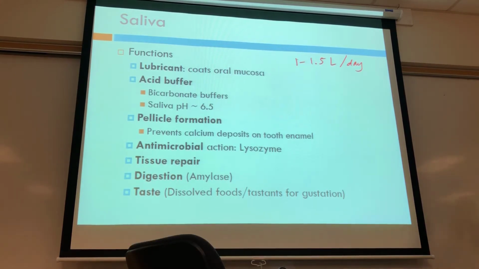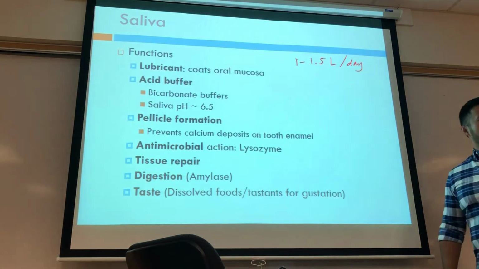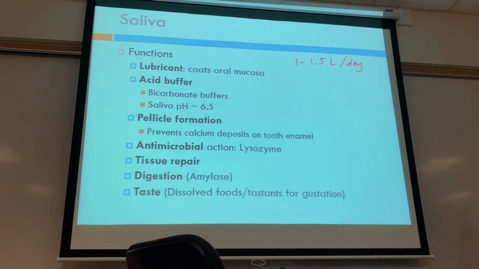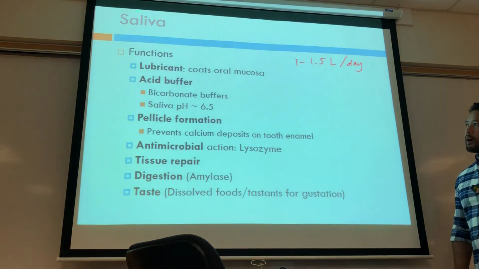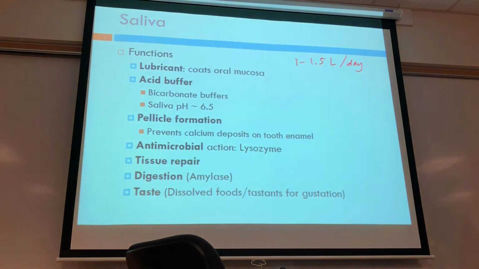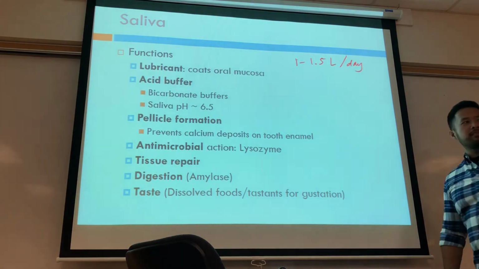What function does it serve? It coats the oral mucosa and keeps the mouth moist. And why is that? Well, think about our sensory lecture. Whenever we break apart food, we're releasing some of the tastings that come off food, and that dissolves in that watery environment. So we require saliva in order to dissolve those tastings so that they can make their way into the gustatory taste buds.